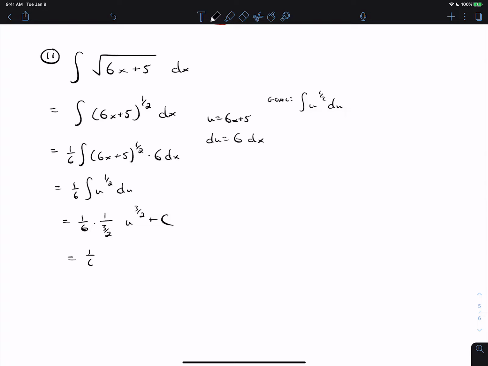That gets us 1/6 times 2/3 times 6x plus 5 to the 3/2 plus c. That gets us 2 over 18, or 1 over 9, times 6x plus 5 to the 3/2 plus c, and that would be the answer.